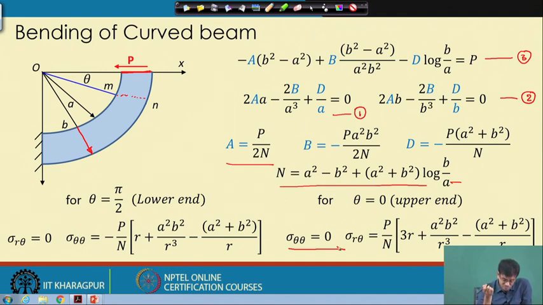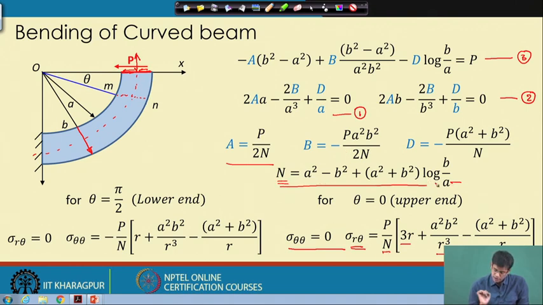So the normal stress along these lines will be 0, but sigma r theta, which is along this, will be non-zero, which is p by n times 3r a square by b square r cube minus a square plus b square r. This involves all those constants a, b and d, and n is essentially the same thing we have seen.